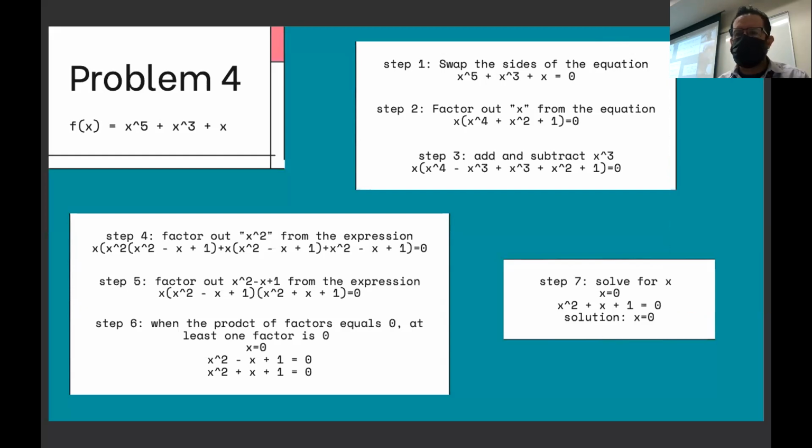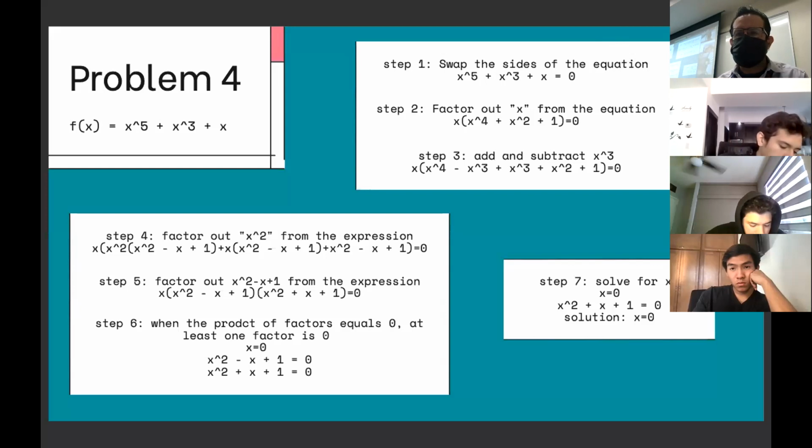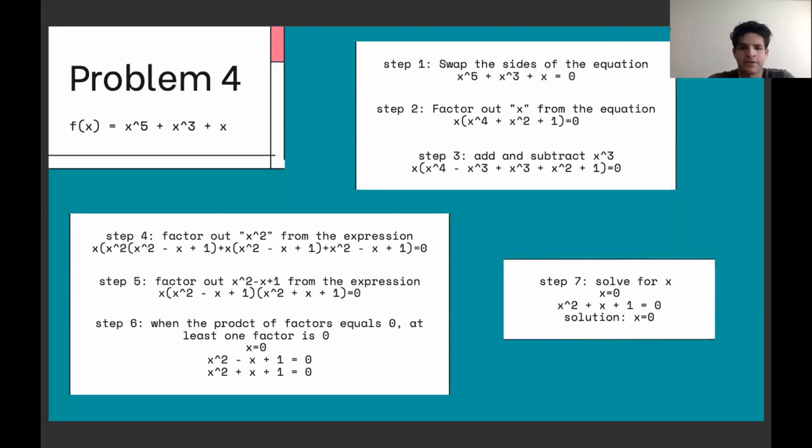So go ahead. I started by swapping the sides of the equation and setting it equal to 0, and then in step 2 I decided to factor out x from the equation, like we've been doing all this semester.